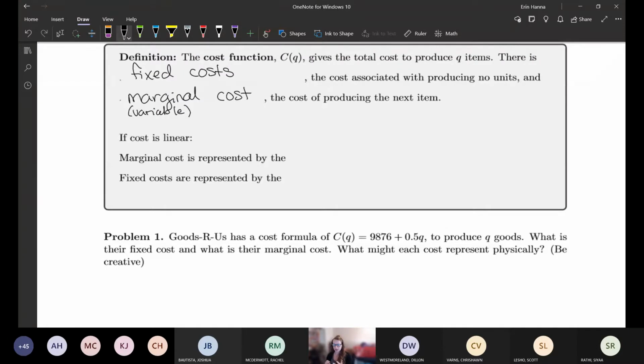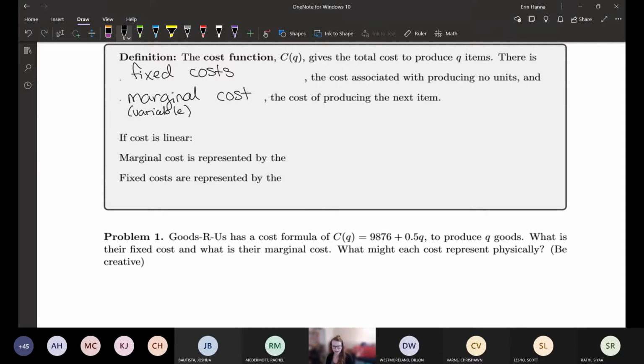So it's almost like if I was knitting mittens, and every set of mittens I make used $5 worth of wool or whatever, then the marginal cost for making my mittens would be $5. It costs me an extra $5 in materials to make that next pair of mittens.